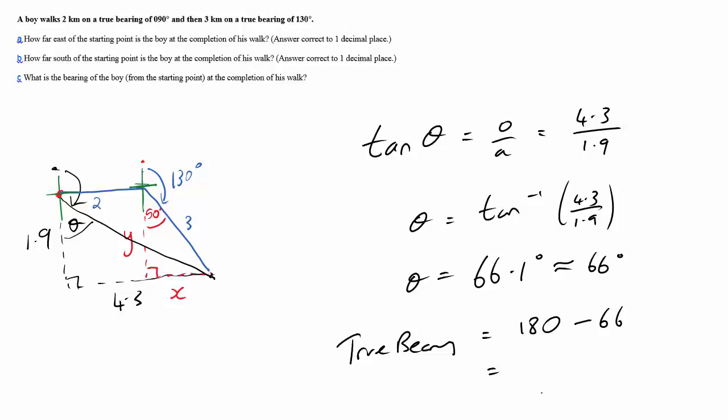So we need to do 180 minus 66, which is 114 degrees true, remembering that we're giving it as a true bearing. And that's how you answer a question like that. Make sure that you always draw a decent diagram, otherwise you could end up with some optical illusions and miss the little trick to the question.